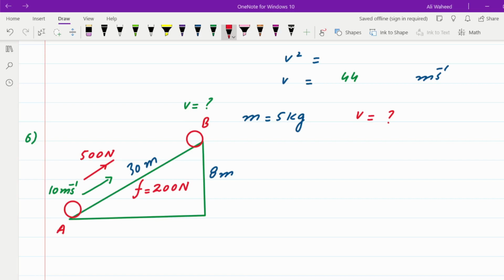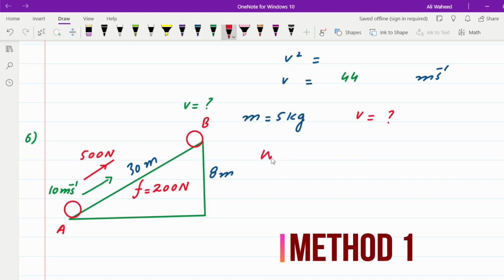Now we'll have to write the expression for the energy changes. So the expression for this one would be, once again, you can write it this way.